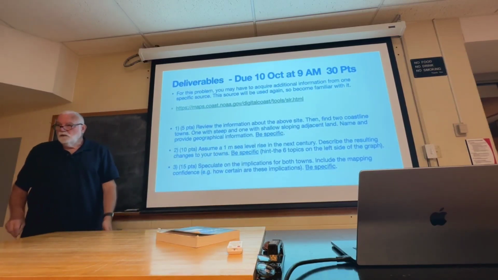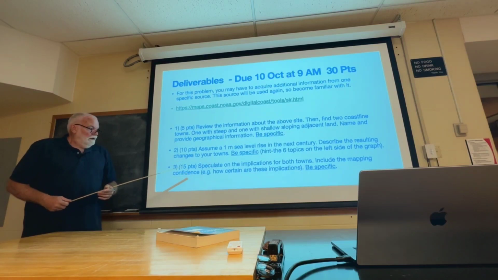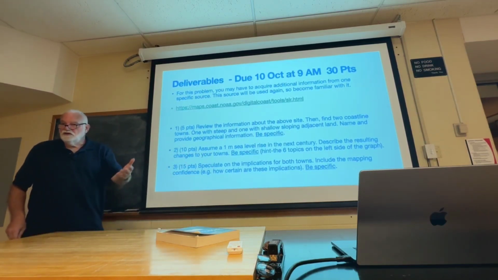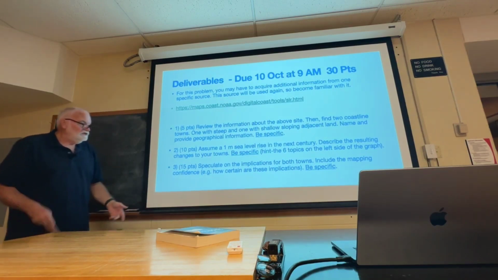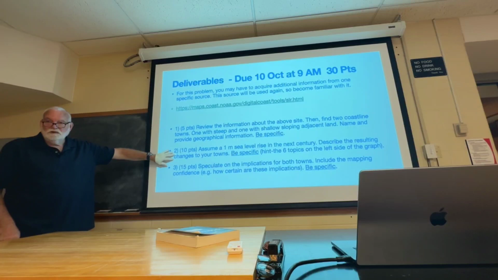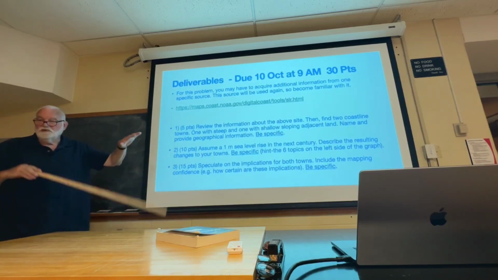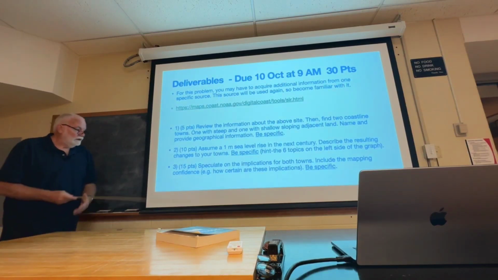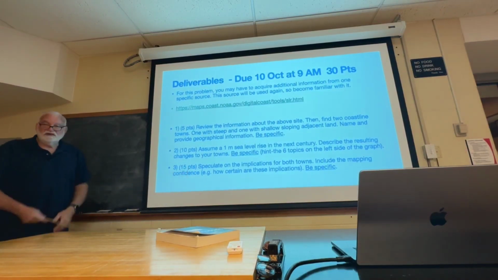Exactly where are you? And then assume a 1 meter sea level rise, and you either change the setting or use 3.3 feet, which isn't a change, it's 3 or 4 feet. What are the changes to your town? What gets impacted? What goes from green to blue, or more green, or what? More water. And then speculate what's going to happen there.